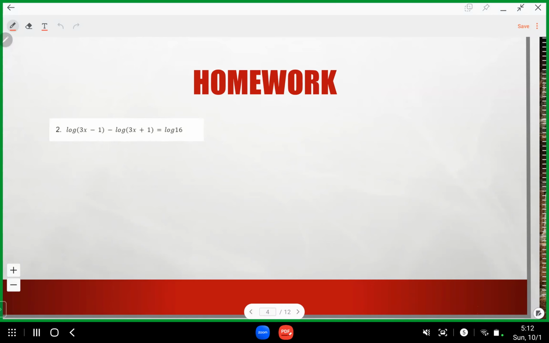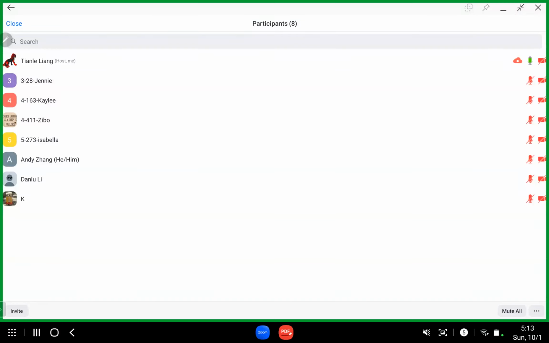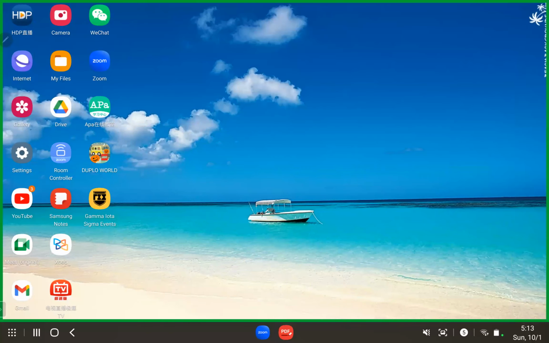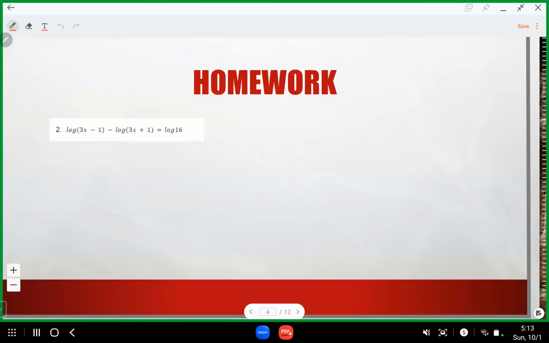Okay, so let's go over this one. How about someone else this time? How about Andy? Andy, can you solve this? So log, the thing on the left side, it's log 3x minus 1 divided by 3x plus 1.